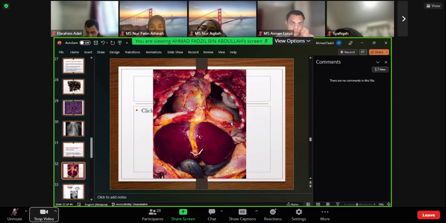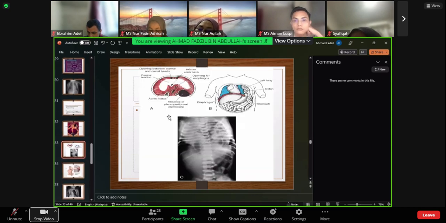There are organs of the abdomen, intestines, all the intestines. And you see the lung here being compressed, and the heart being pushed to the right side. This is a diaphragmatic hernia. The diagnosis by X-ray alone is already adequate.